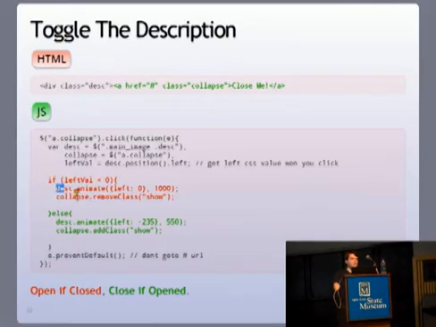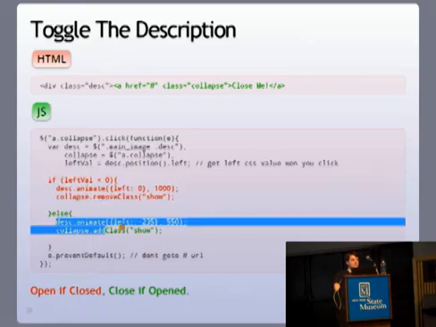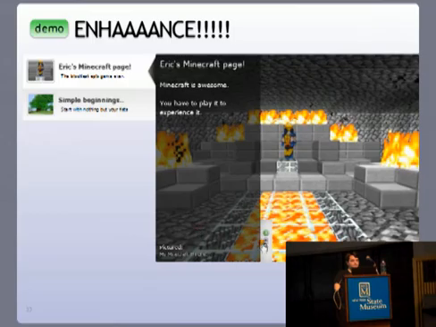And what that's going to do is animate it to the left of 0, so that's going to animate it in, and then it's going to remove the class of show. Because right now, if we do it backwards, it's this. If you click on it, it's just a little image here that says hide.